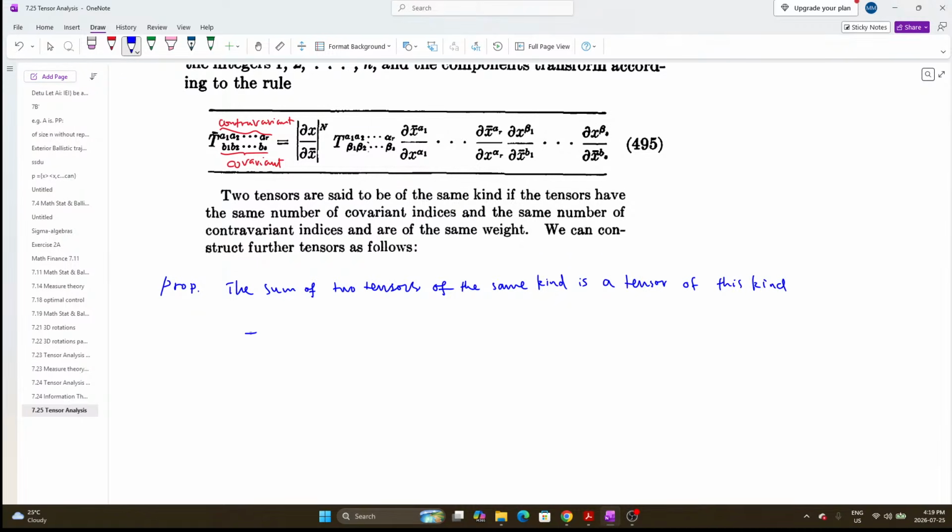So T bar A to B, C to D. Okay, so let's say this transforms according to 450, 490, 495. All right, so you get dx over dx bar, determinant to the n. Okay, T alpha all the way to beta, bunch of indices, sigma all the way to tau.